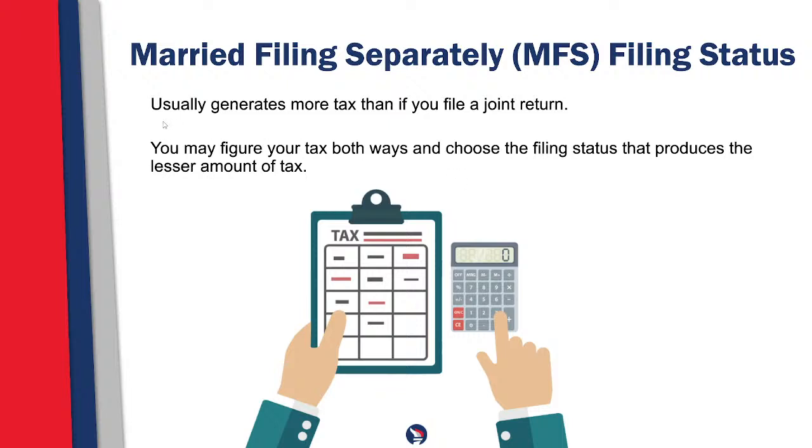Married filing separately, like we said, generates more tax than if you file a joint return because it uses the single tax table, not the married tax table. You may figure your tax both ways and choose the filing status that produces the lesser amount of tax. You could do that. We used to have a program called LibTax that made our programs, and that one was very good about it.